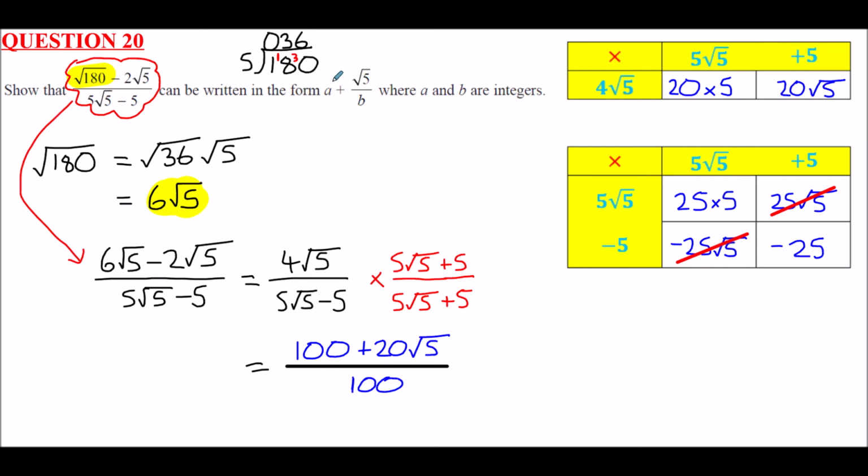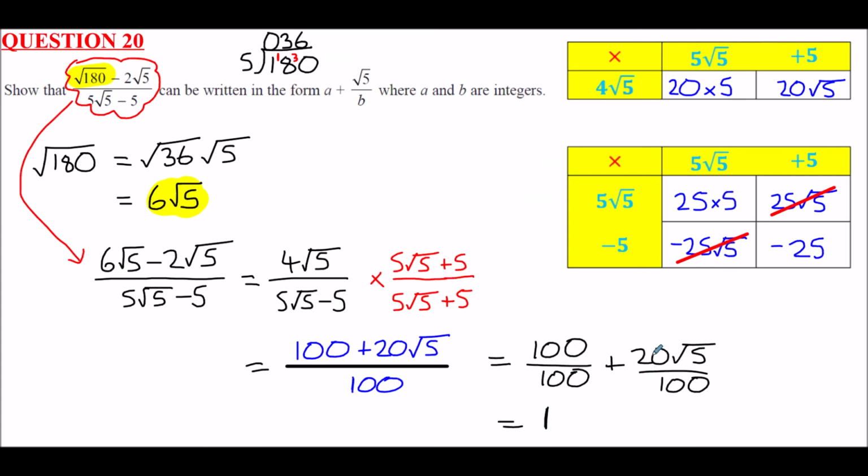Now we want the answer in this form, so we want it in two separate parts. So what I'm going to suggest we do is we split this fraction into 100 over 100, and then 20 root 5 over 100. So then we get 100 over 100, and anything divided by itself gives us 1.